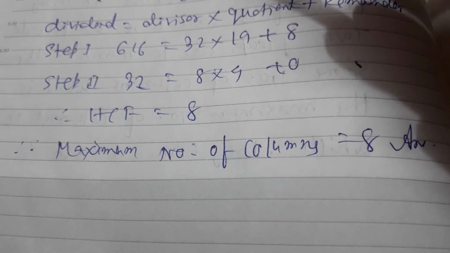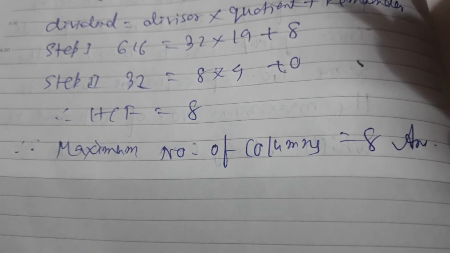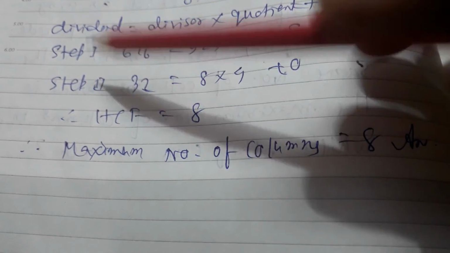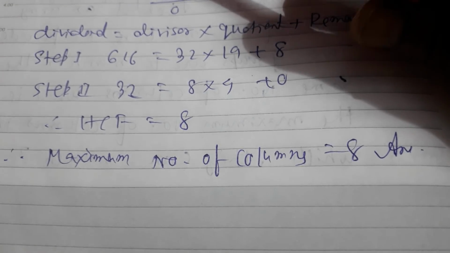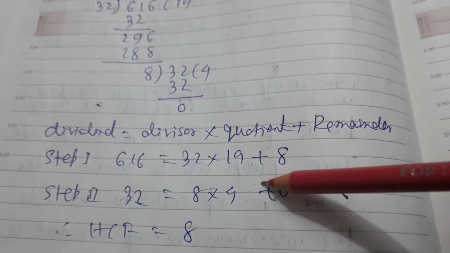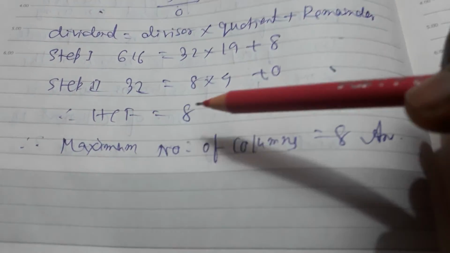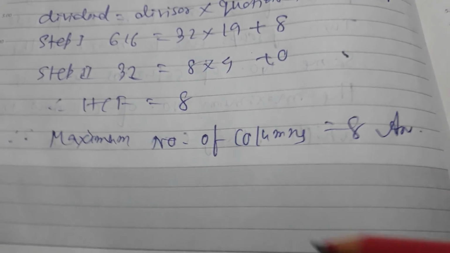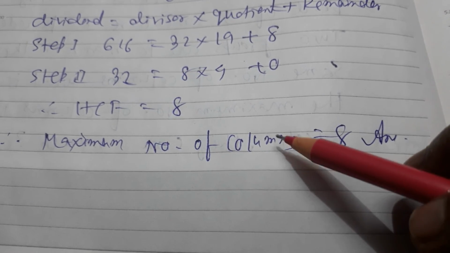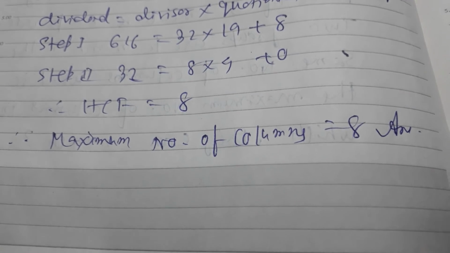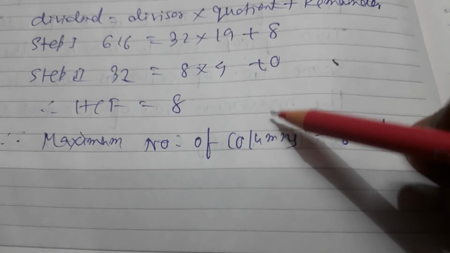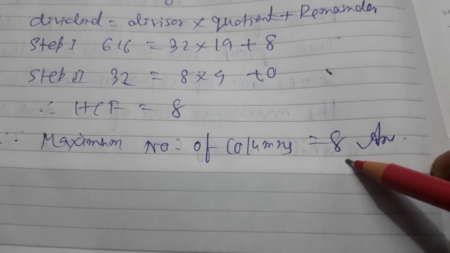This division is done in two steps. Step 1: 616 equal to 32 into 19 plus 8, and step 2: 32 equal to 8 into 4 plus 0. So HCF equal to 8. So the maximum number of columns in which the army members can be arranged is 8.